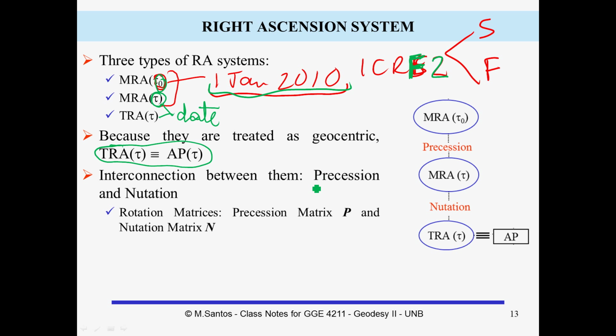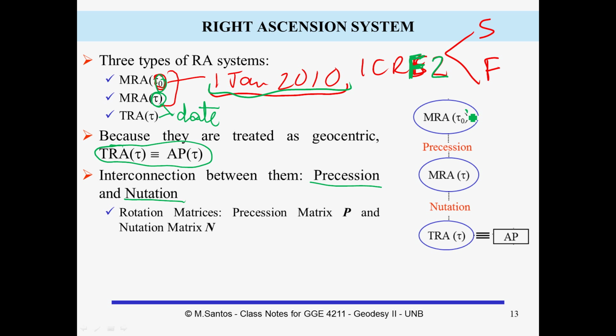Now if we allow the coordinate system to suffer from precession, then we have the mean right ascension system at epoch tau. If we have now nutation of the coordinate system, we have the so-called true right ascension system.